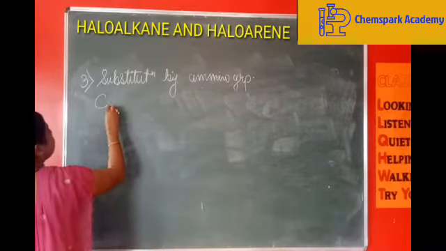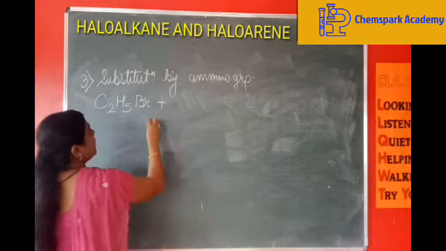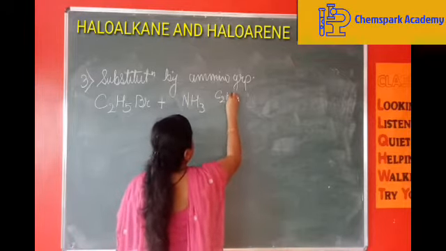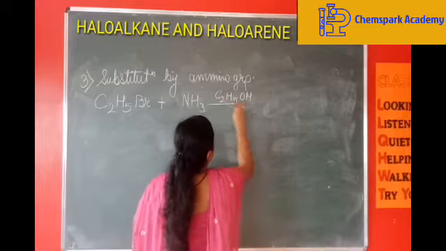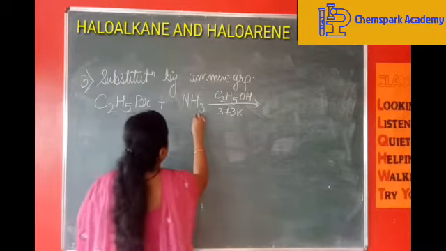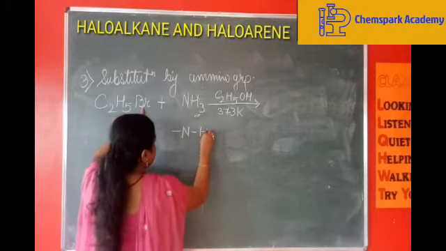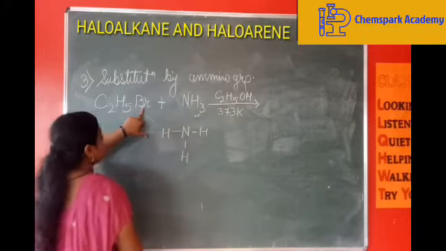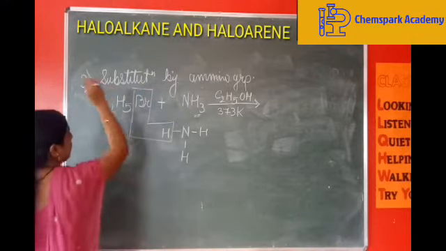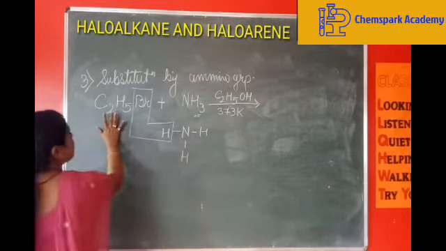When I react C2H5Br with ammonia, NH3, in an alcoholic solution, that is ethyl alcohol C2H5OH, and heat it at 373 Kelvin, one hydrogen from the ammonia will react with Br, and the remaining part of the amino group will attach to the C2H5.